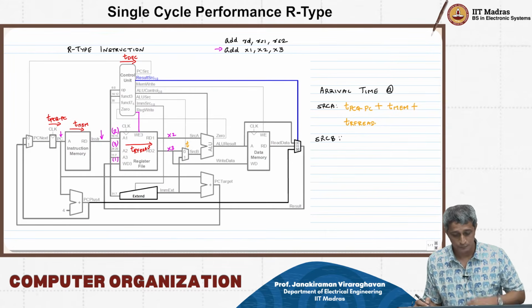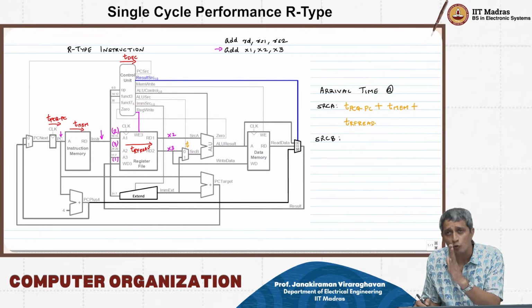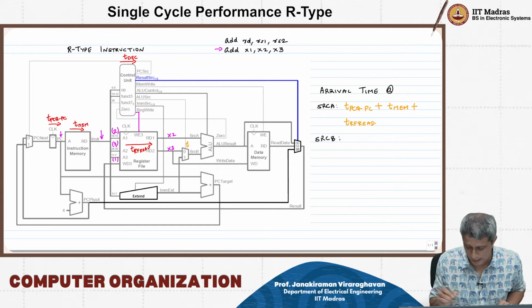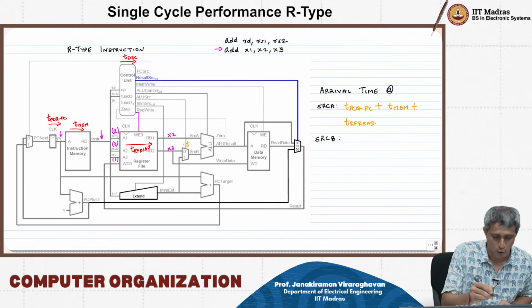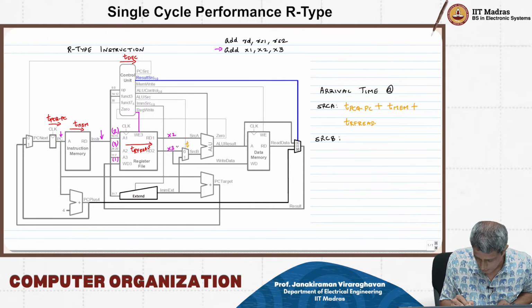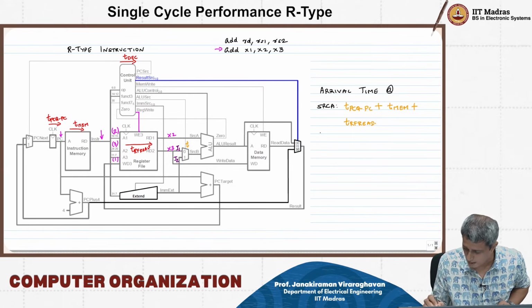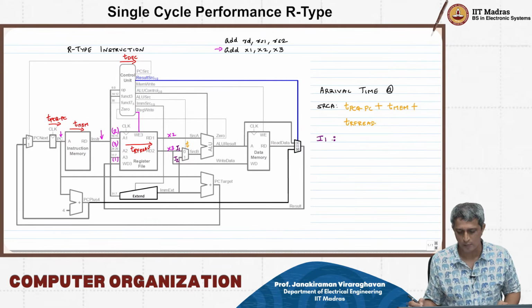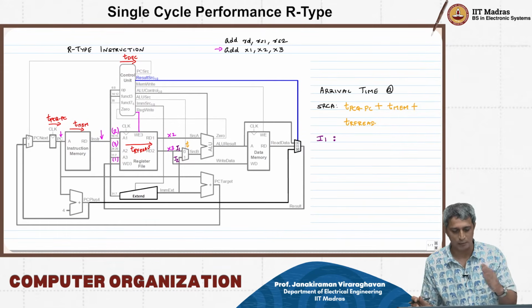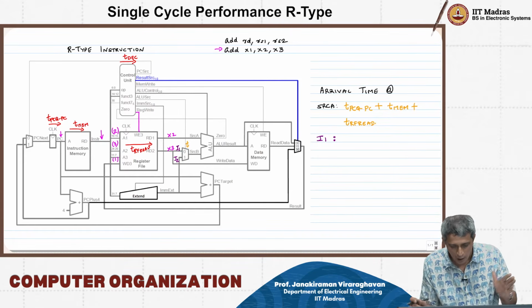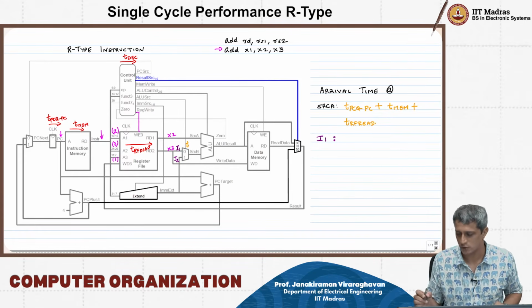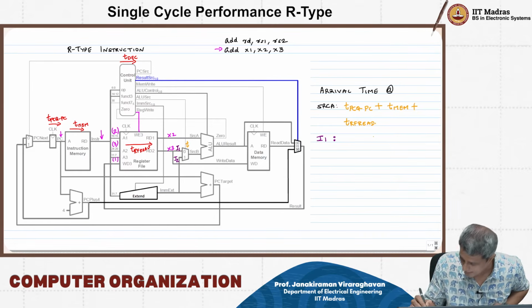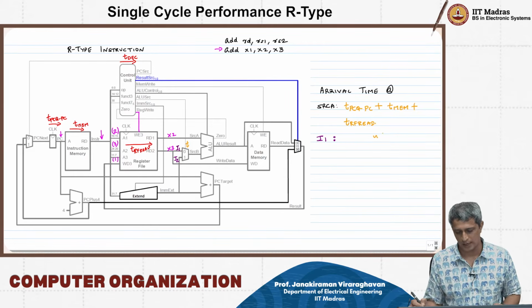On the other hand, if you look at source B, it is the output of the multiplexer, right? So what happens is, if I look at the input, let me call these inputs I1 and I2, so I will look at the arrival time at I1. What is the arrival time at I1? It is basically just the path that is identical to source A. So actually this is exactly the same as this arrival time.